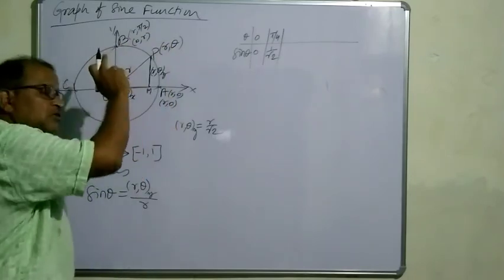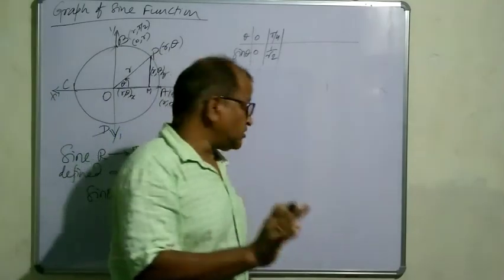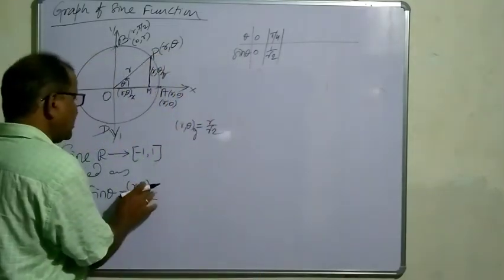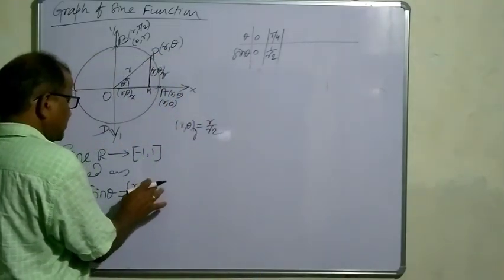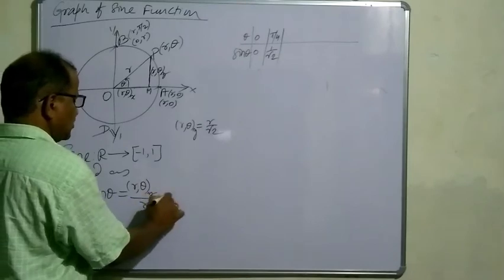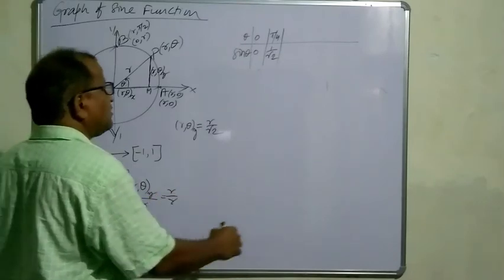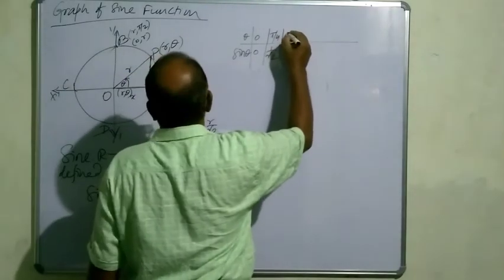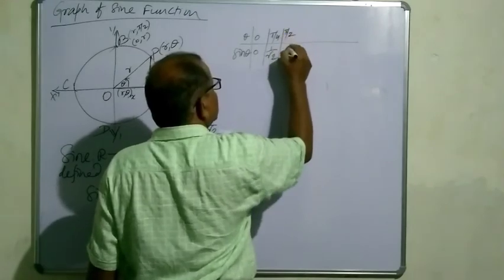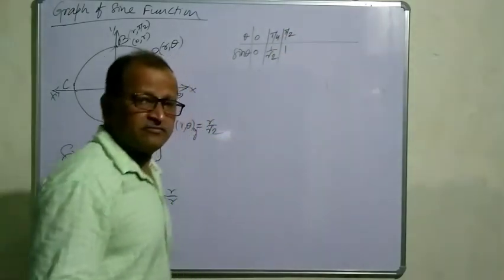Here x is 0, y is equal to r. So r theta y will be equal to r, and r by r is 1. So when theta is pi by 2, its value will be 1.